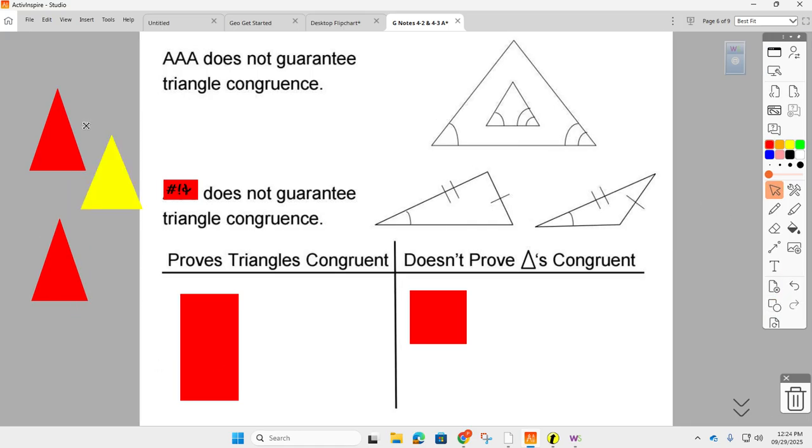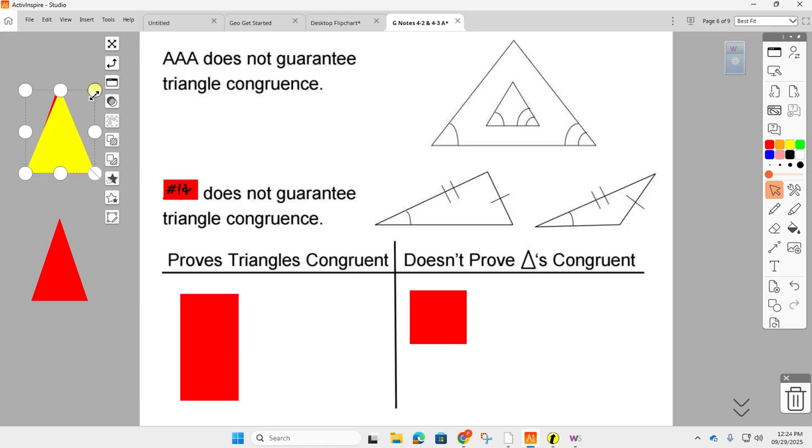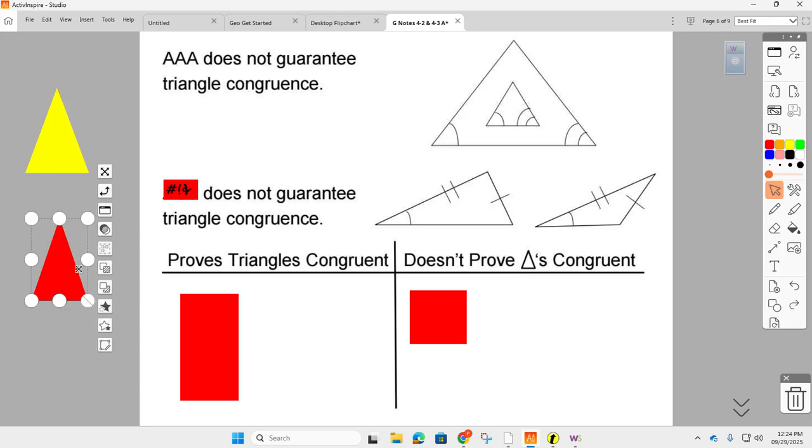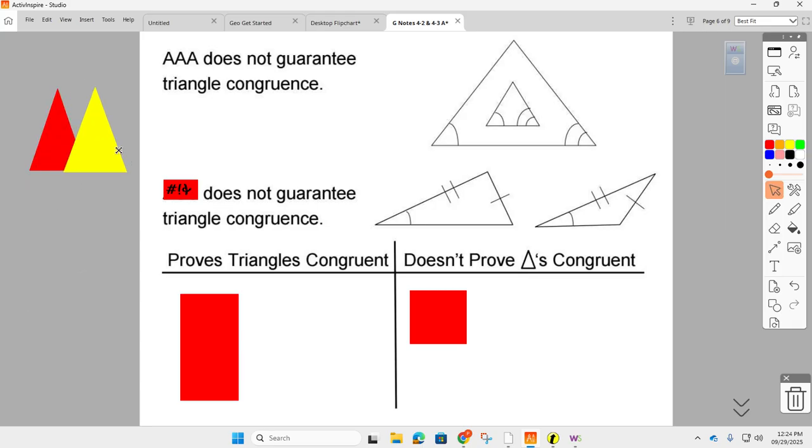All right. So I'm going to make sure that these two triangles are the same size. So I've got a triangle, and this triangle is the exact same triangle. Does that make sense to everyone? You can see that they're the same.